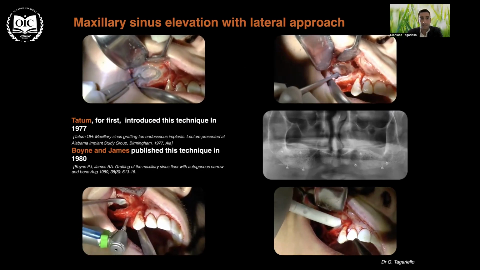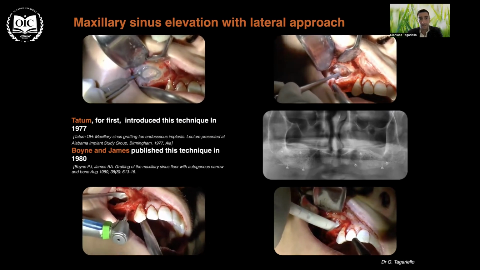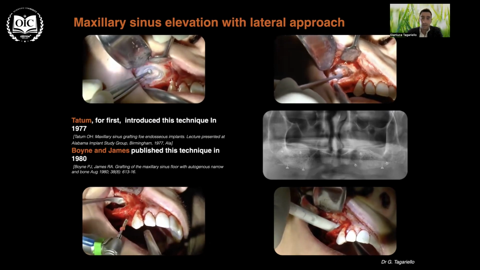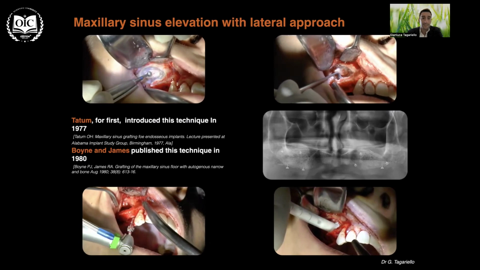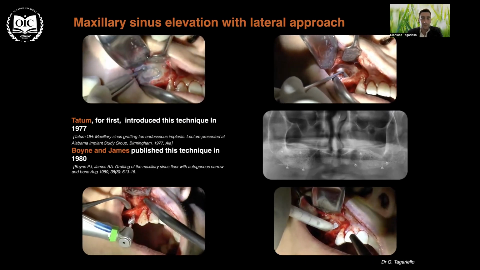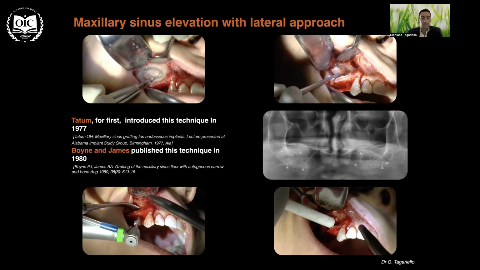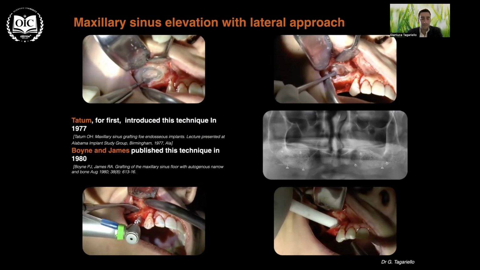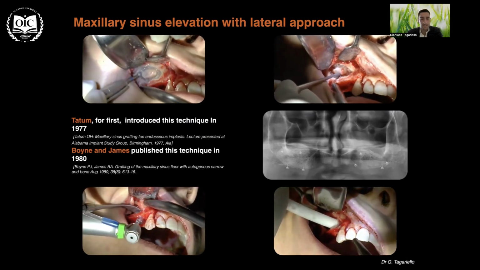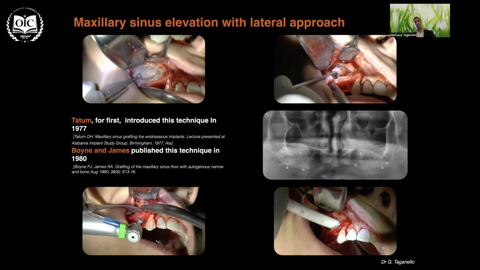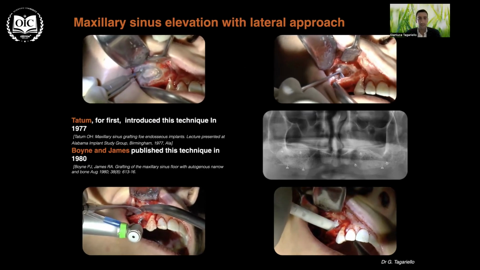This access can be a window or a trapdoor. We can decide according to the anatomy of the sinus. After the detachment of the membrane, which starts from the base of the sinus, we then perform it in the distal area and then in the upper area.